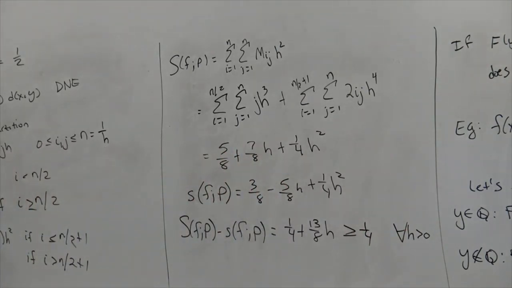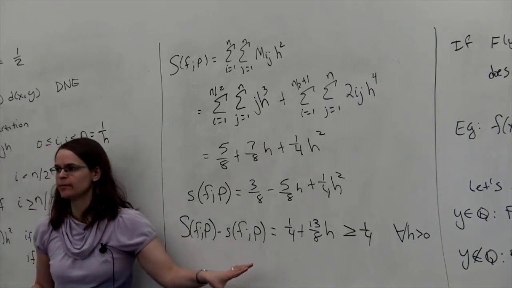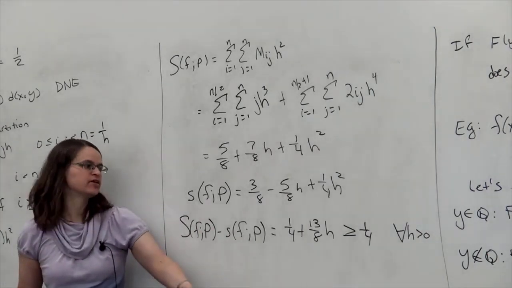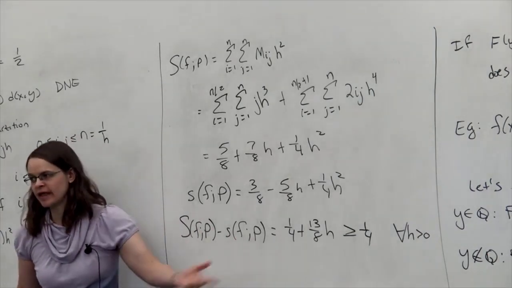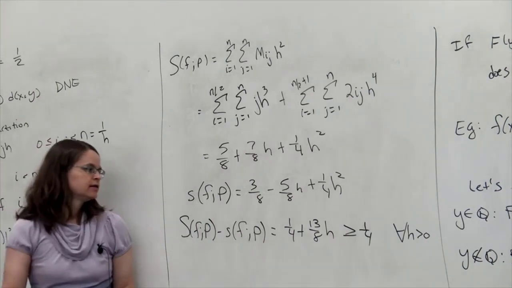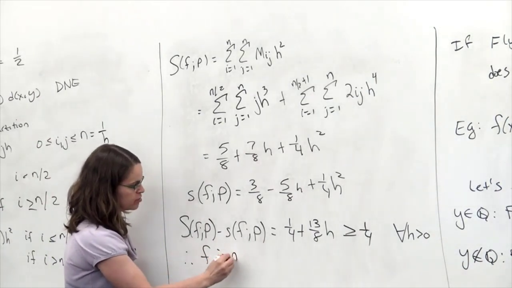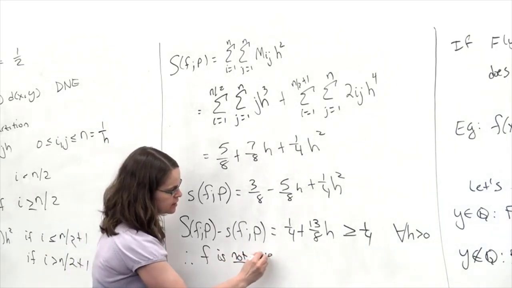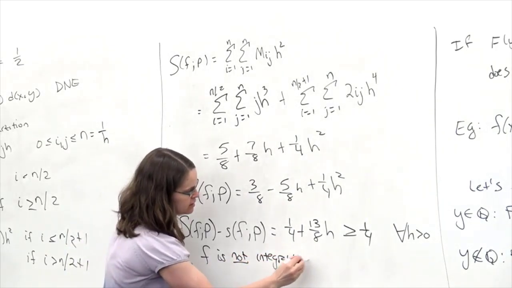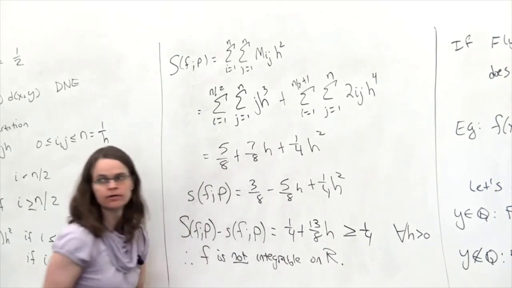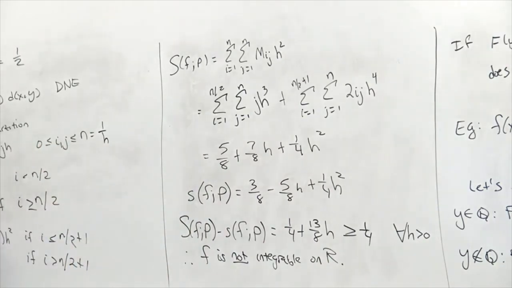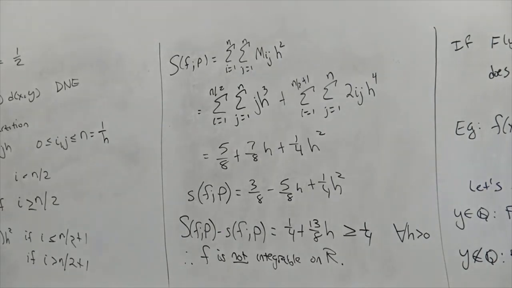And that's not good. That is not the sign of an integrable function. For an integrable function, we should always be able to make this less than any epsilon I like. I should be able to make this less than 1/8, for example, and I can't do it. So this tells us that actually f is not integrable on our rectangle, even though the iterated integral exists and was easy to do.